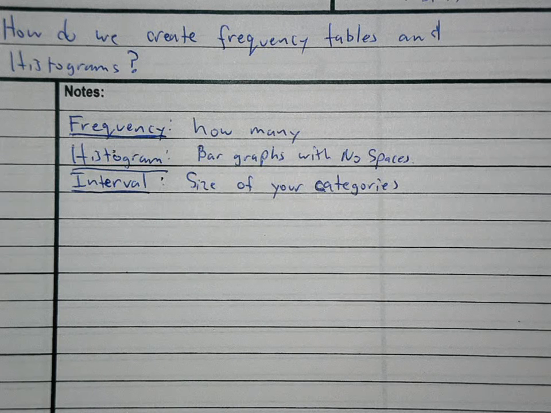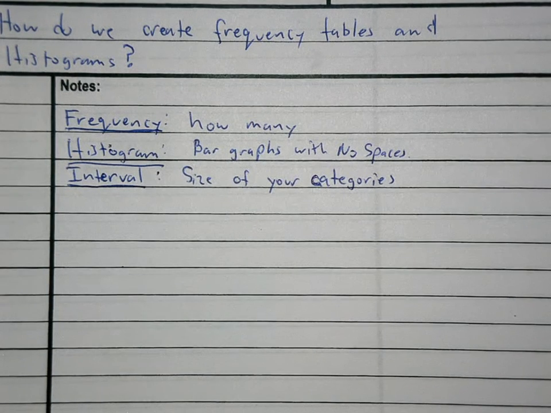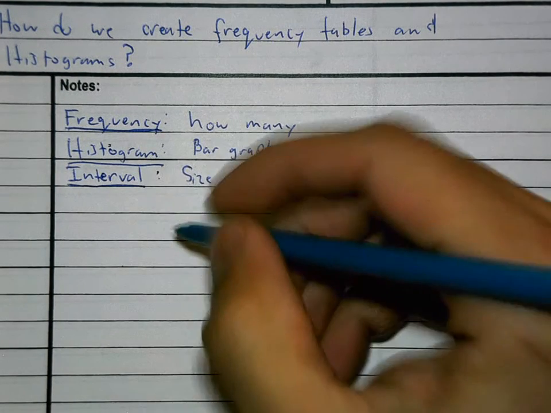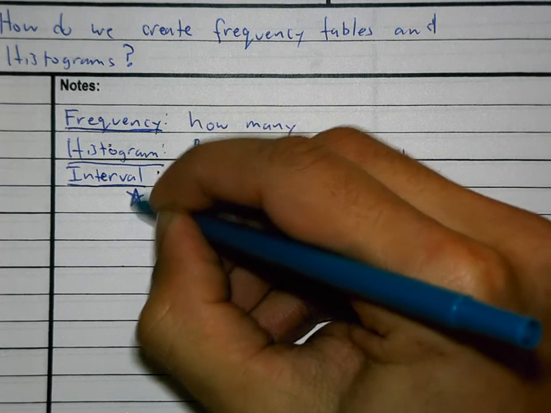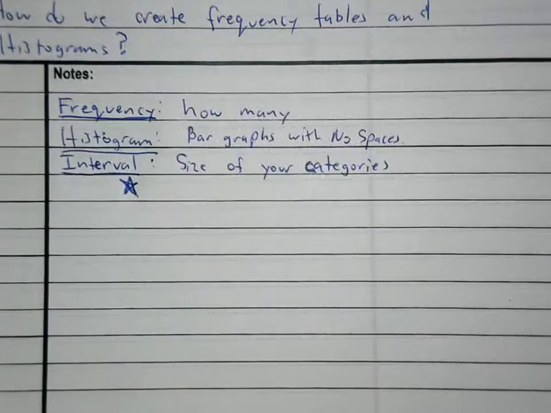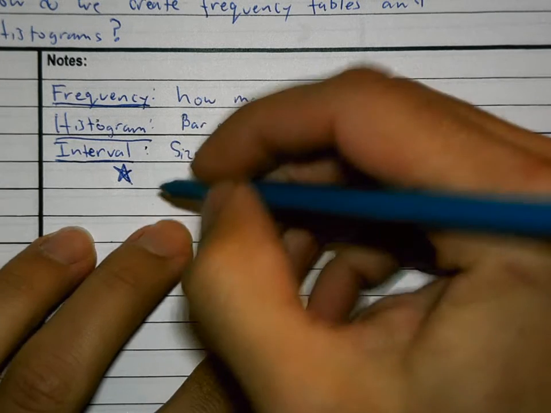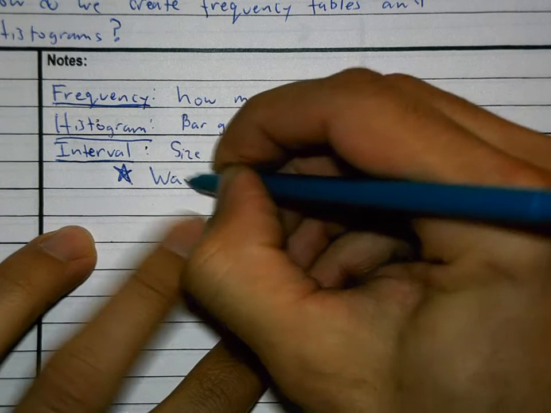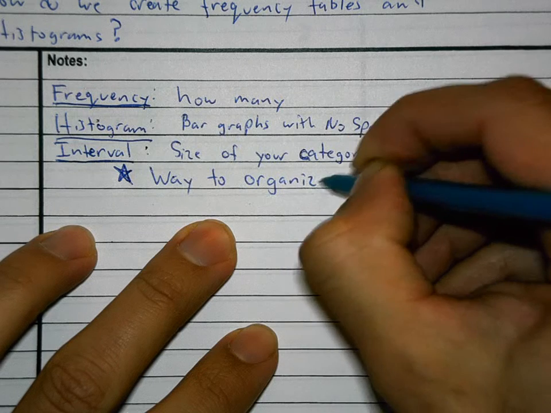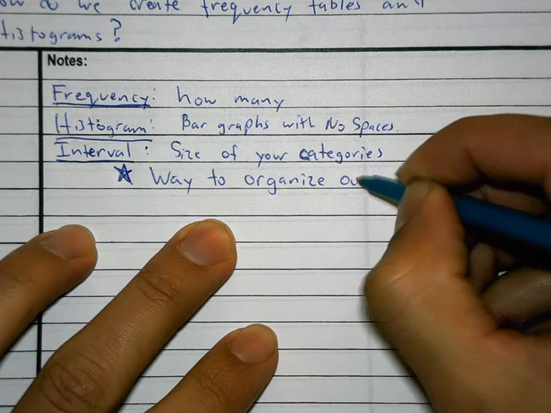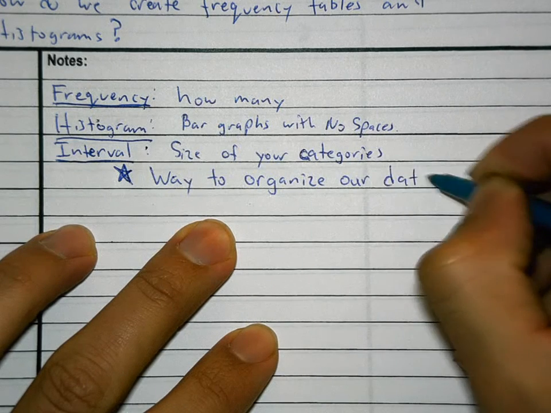Okay, before I even get into it, why are we going to learn this? Because we are going to learn how to organize data. I'm going to put a little star why we are doing this. We are doing this because it's a way to organize our data.